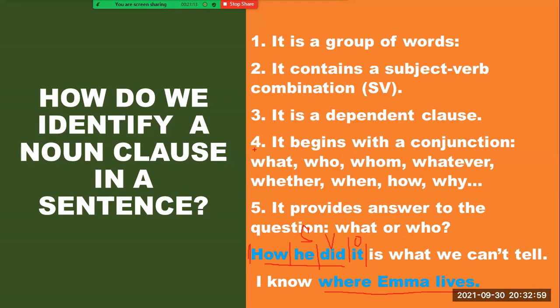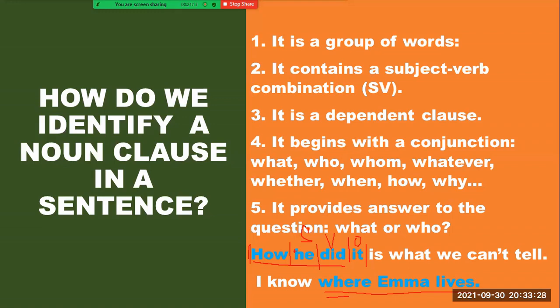The fourth feature is that it begins with a conjunction such as what, who, whom, whatever, whether, when, how, why. All right, so you can see that this one starts with how, this one starts with where. So take note of what begins a noun clause. A noun clause does not begin with a noun. It does not begin with a pronoun.